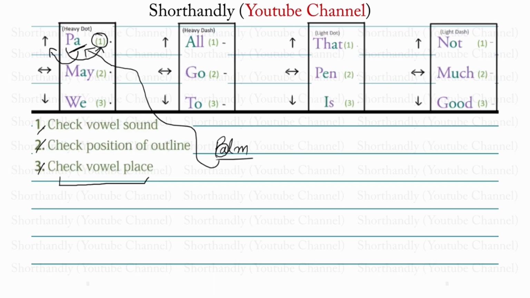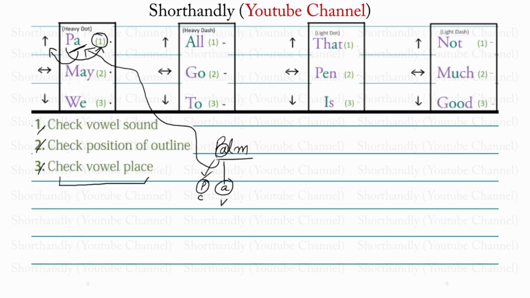For that, we have to break this word palm into consonants and vowels. Let's see what the first thing is that we are getting from this word palm. We have this P, which is a consonant, and then we have this A vowel, or you can say pa vowel, which is a vowel.